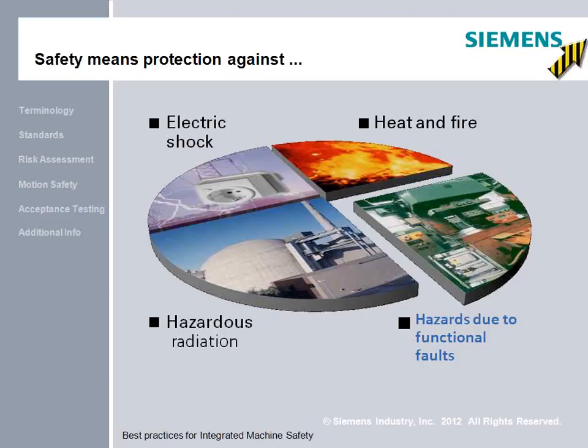So safety in general is electrical shock, heat and fire, hazardous radiation, and we will talk about hazards due to functional faults, and I would extend that statement to include hazards due to machine design, control system design, operational considerations of many types, maintenance, machine building, rebuild, repair, operation, and maintenance. So that's the area that we will focus on today.